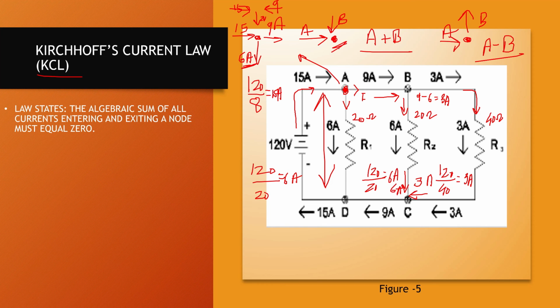So 6 plus 3, 9. You have 9 amps entering this node, you have 6 amps entering this node. How much is leaving it? 15 amps, which is what we wanted, because in the end the current that is leaving over here should be equal to the current that is entering. So 15 amperes left the circuit from this point, 15 amperes is entering.